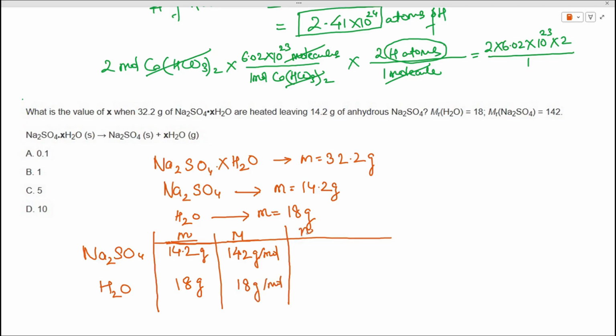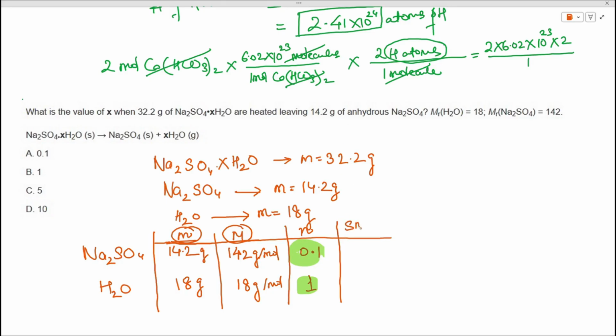Now we'll calculate the number of moles, which is the given mass divided by the molar mass. So 14.2 divided by 142 is 0.1 and 18 divided by 18 is going to be 1. Now to get to the simplest whole number ratio, we'll divide both the moles by the smallest number of moles, which is 0.1.